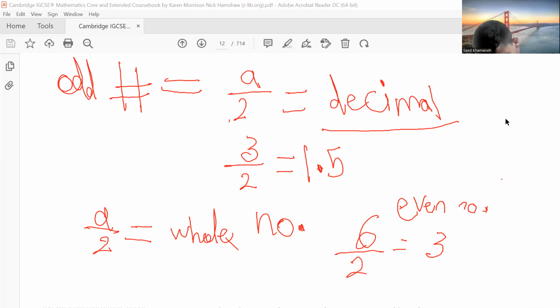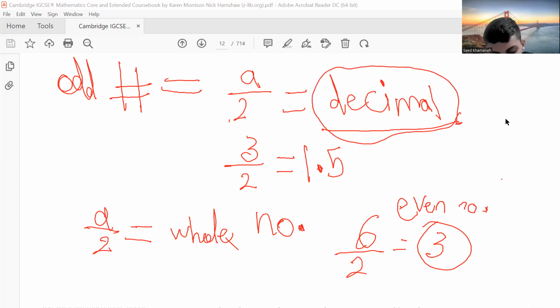So it will not always be like that. But oh yeah, I am sorry, when I divide an even number or an odd number.